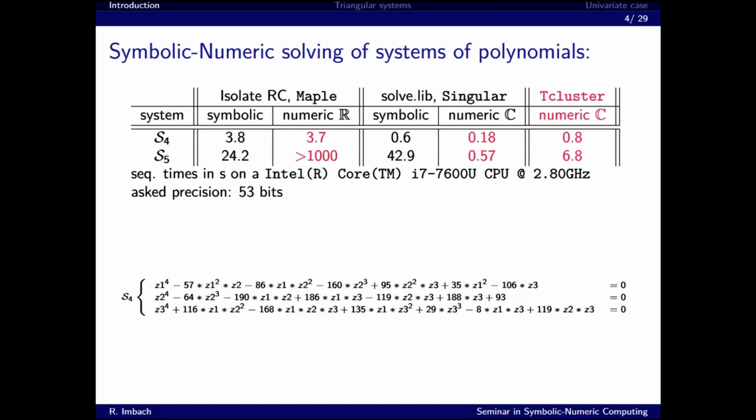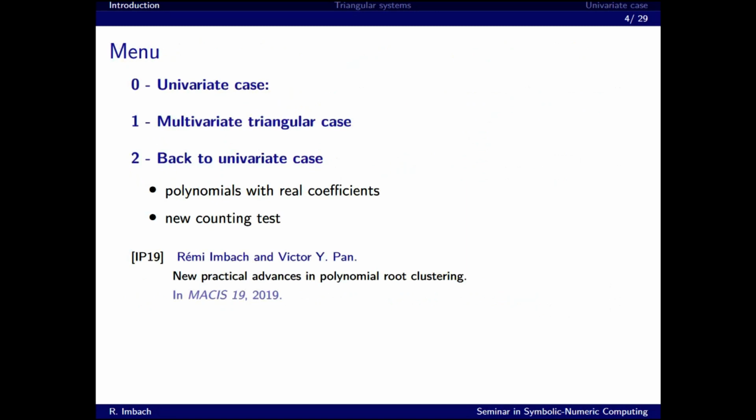So the algorithm I will present will be called Ccluster, and we can also compute all the complex solutions with less running time, but we have a guarantee on the output. Then after the multivariate triangular case, I will come back to the univariate case and propose two improvements.